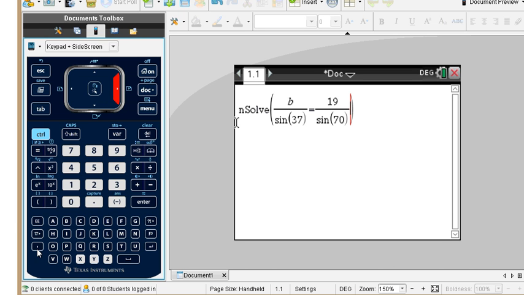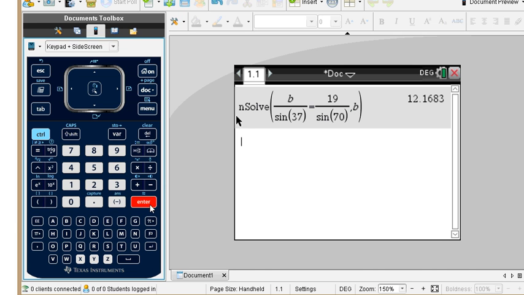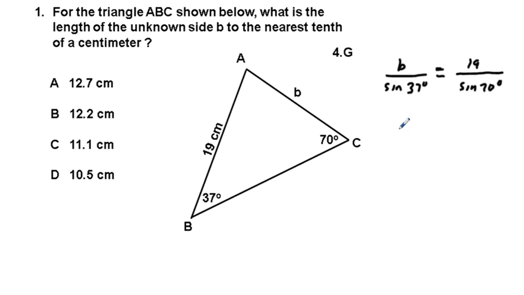We press comma, and B is our unknown. We get 12.2 rounded to the nearest tenth, in centimeters, so that's answer choice B.